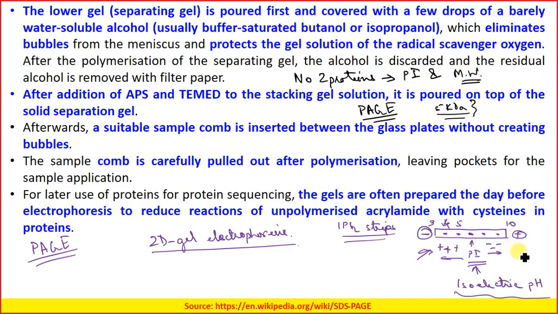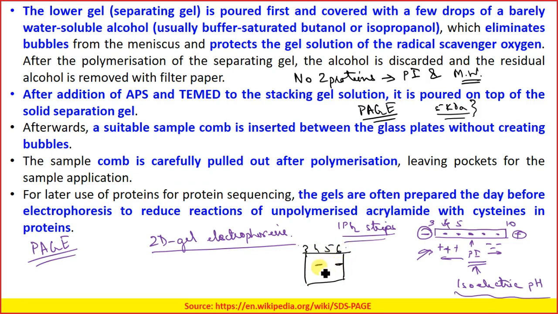Since you have already segregated the sample in terms of pI, you have segregated even the two similar molecular weight proteins. Now if you run the protein gel, suppose you have this 3, 4, 5 to 10, whatever. Say at pI 4 you get a band, and say at pI 6 you get a band.